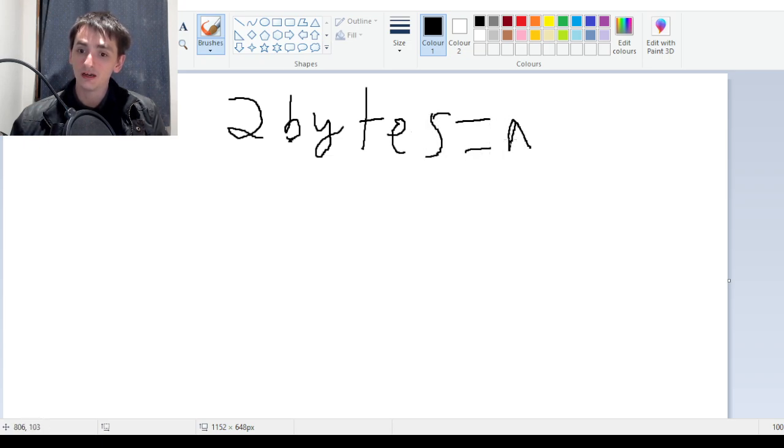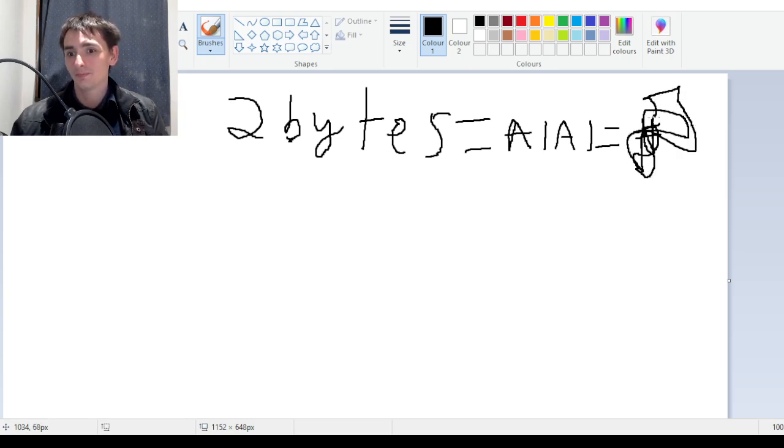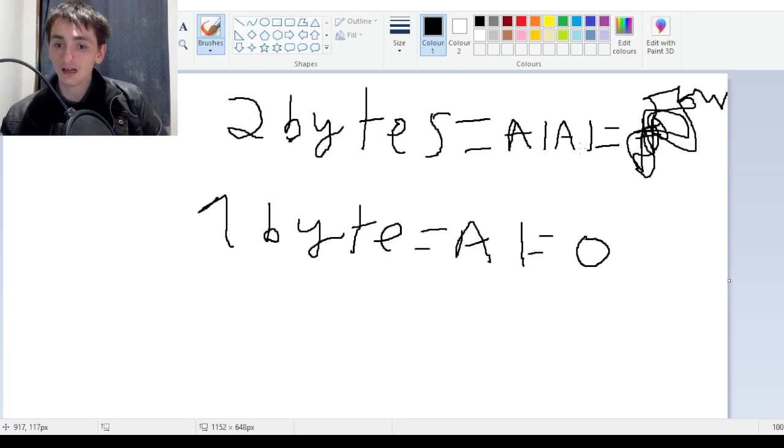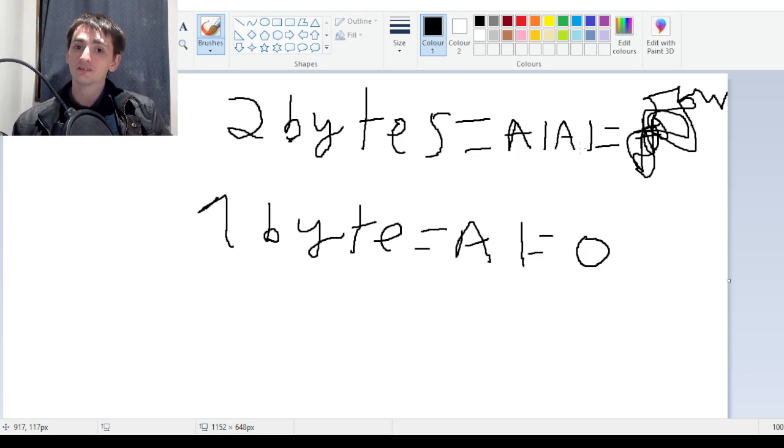So it would be, I don't know, A1 equals a weird hieroglyphic, a Korean symbol, something like that. A big thing that you need to understand is that ASCII would use 1 byte and Unicode will use 2.